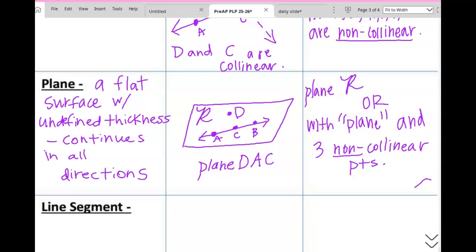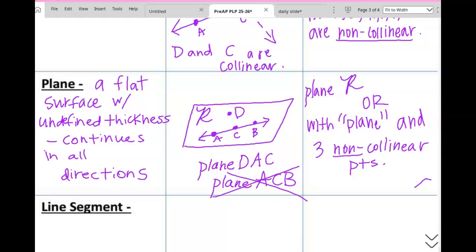Let's do one that's not correct. Plane what? ACB is not correct. And why is it not correct? Because they are collinear, and we can only name planes with 3 non-collinear points.